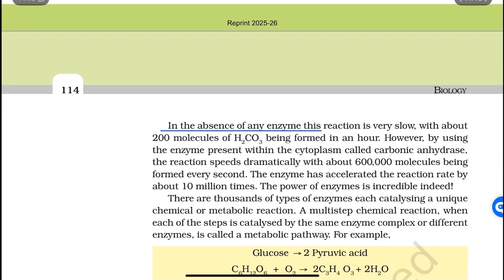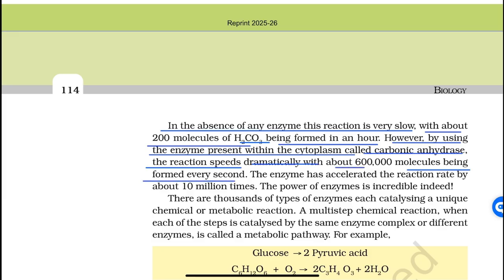In the absence of an enzyme, this reaction is very slow, with about 200 molecules of H2CO3 being formed in an hour. However, by using the enzyme present within the cytoplasm called carbonic anhydrase, the reaction is sped up dramatically with about 6 lakh molecules being formed every second. The enzyme has accelerated the reaction rate by about 10 million times. The power of enzymes is incredible indeed.